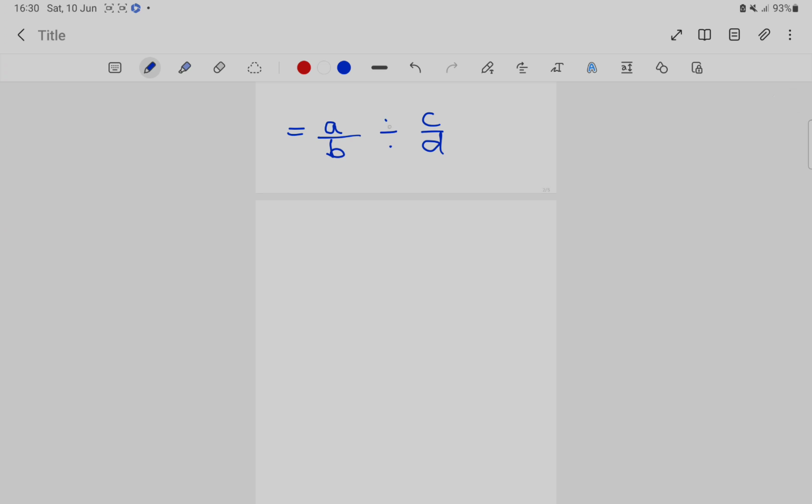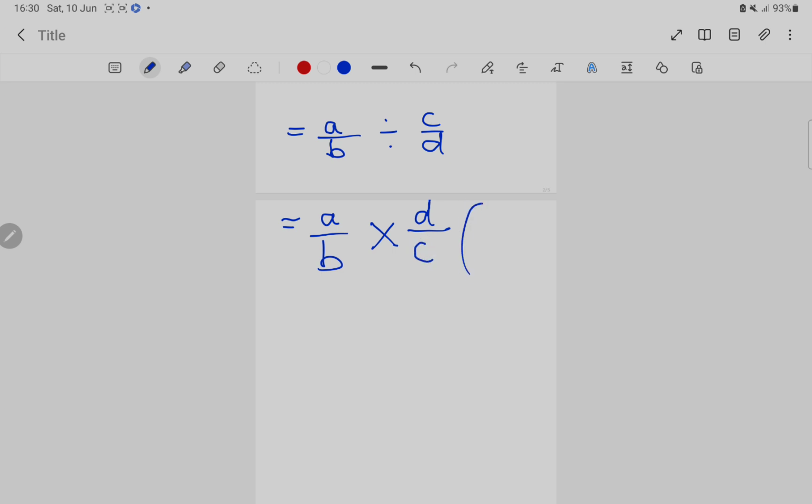So what will happen if we change this division to a multiplication to make things easier for us? We're going to say A over B, then we change this division to a multiply. So if this division is changed to a multiply, what happens to C and D? It's going to invert. The D goes to the top and the C goes to the bottom.